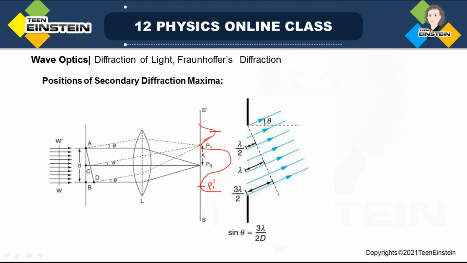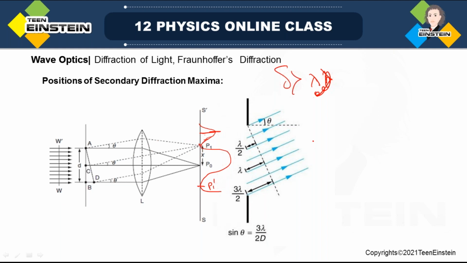So how do you find this position? This is at a lambda by a distance, where the path difference was lambda. So obviously the path difference has to be greater than lambda, but we don't know exactly what it is.